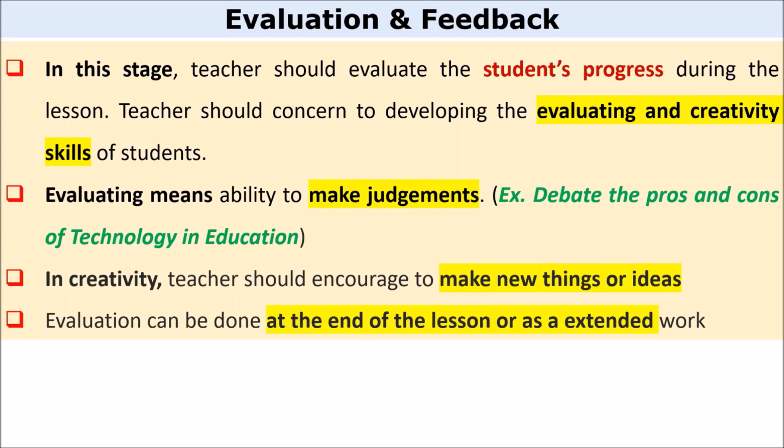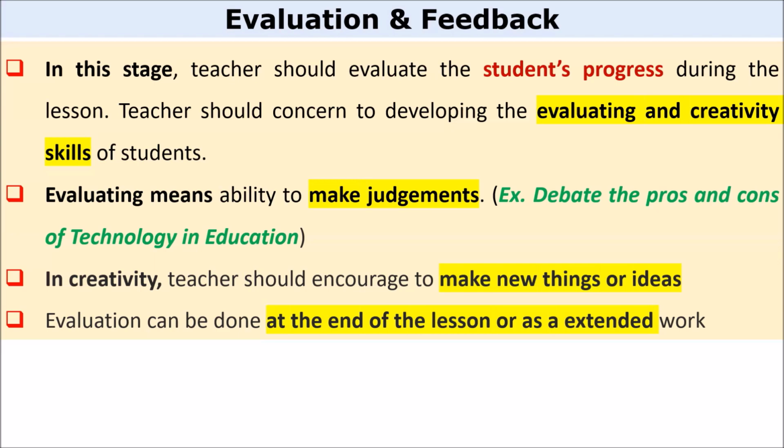Right. Under creativity, you are supposed to get some new ideas from the student, right? New things or new ideas based on your lesson. You are asking them to make some new ideas, right? For example, you can draw a picture or give some words.